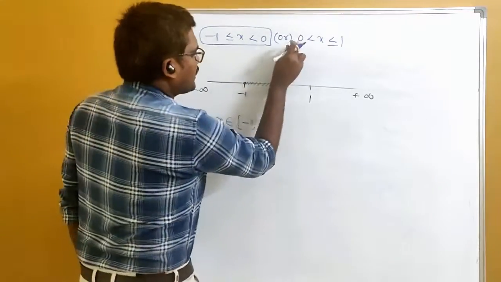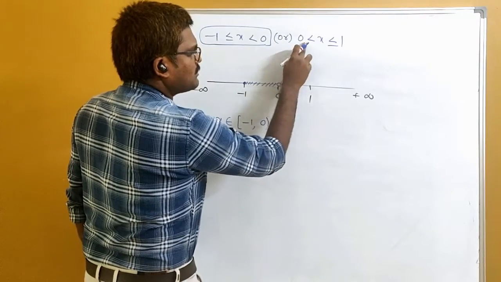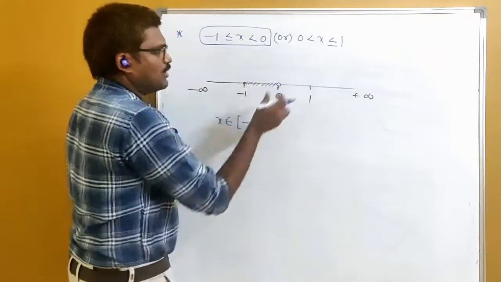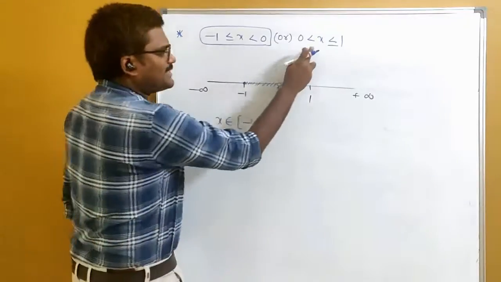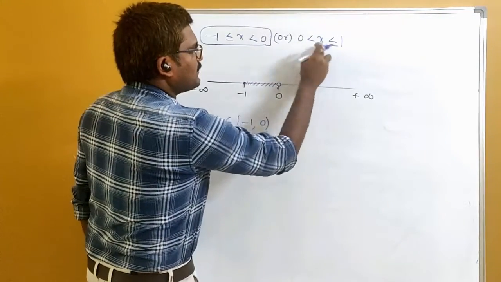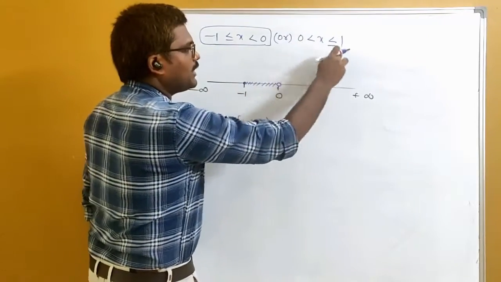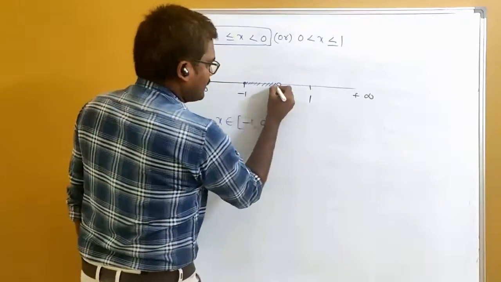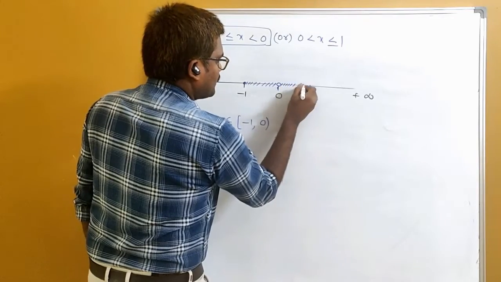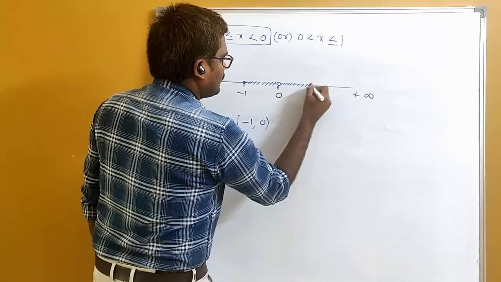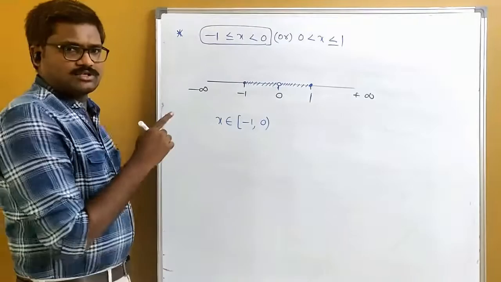Understood? So now this is also open interval, 0 less than x less than or equal to 1. What is the meaning of this one? X takes all the real numbers between 0 to 1, but exclude 0, include 1. So again, the bubble is already there at 0, and at 1 I have to use a dot.